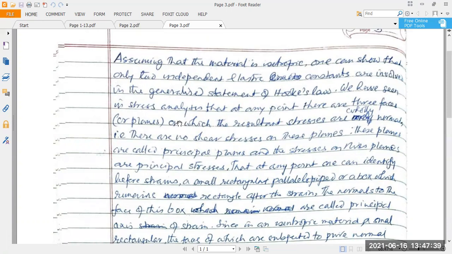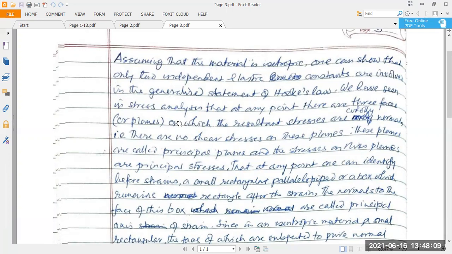At any point there exist three such planes, the principal planes, which carry only normal stresses and do not carry any shear stresses. This is our definition of principal stresses. These principal stresses are major, minor, or in between. Three stresses are possible, and the in-between stress can even be zero. The planes over which these principal stresses act are the principal planes.